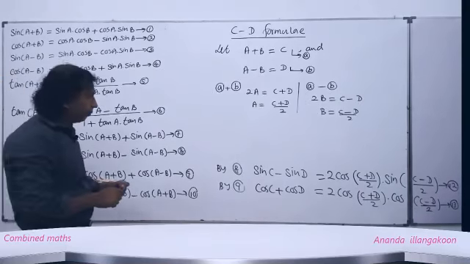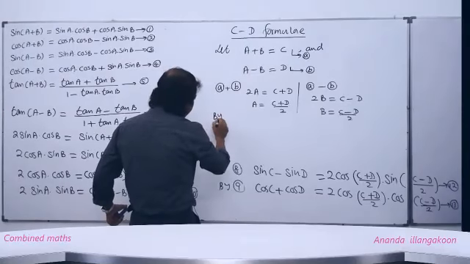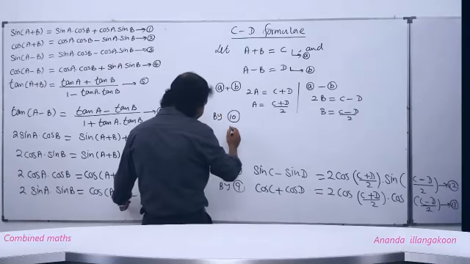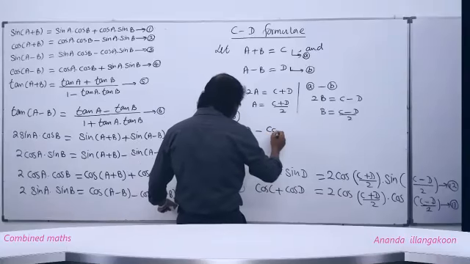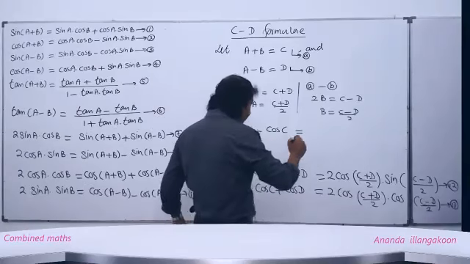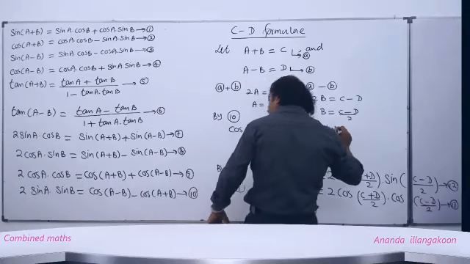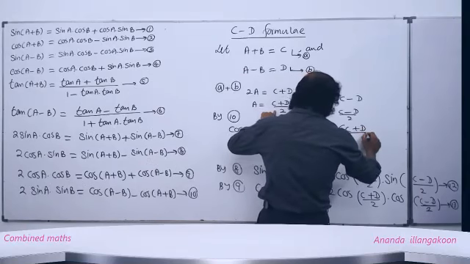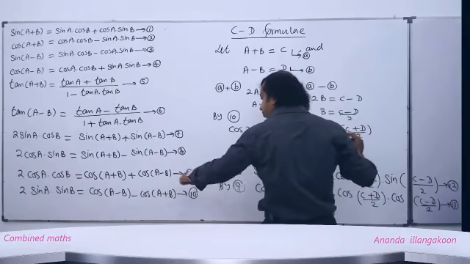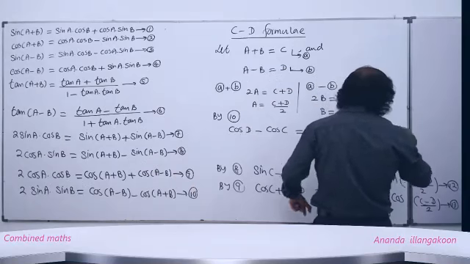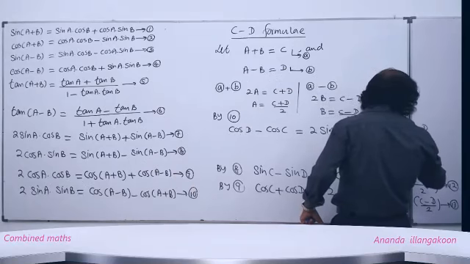By number 10. Cos d minus cos c equals 2 sin a, c plus d by 2, sin b, c minus d by 2.